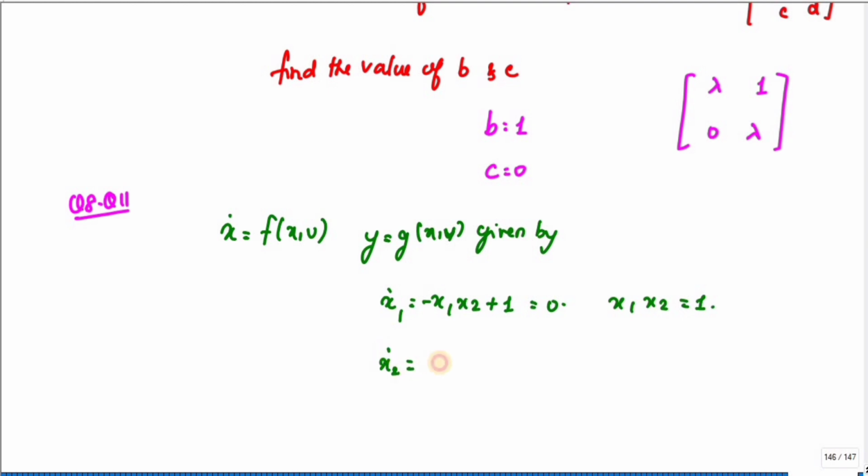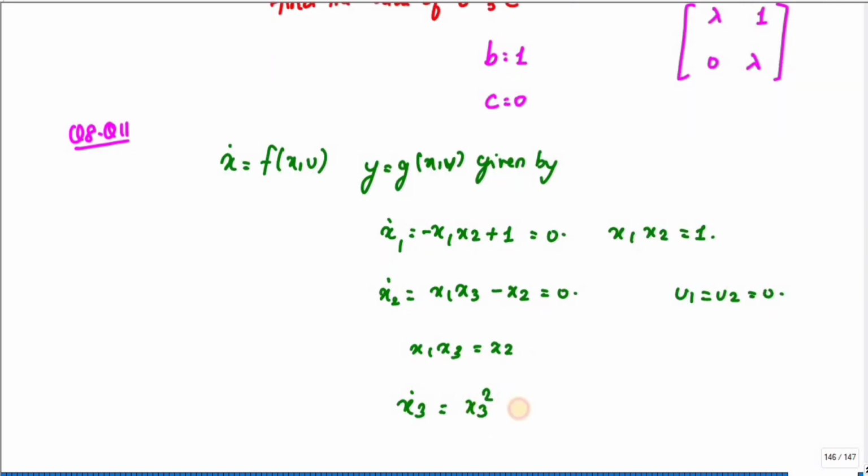So here you have to equate x1 dot is equal to 0 and x2 dot is equal to 0. So from this I can get x1 x2 is equal to 1 and x1 x3 is equal to x2, and they are given that you have to take u1, u2 is equal to 0.